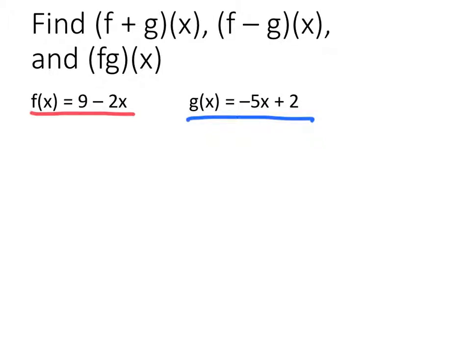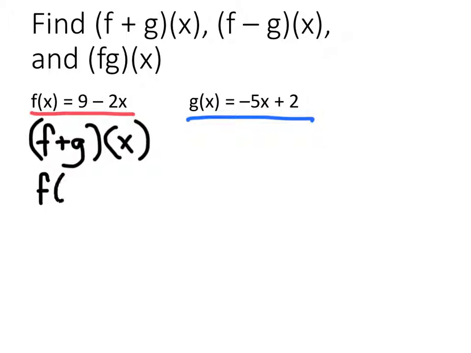So the next set of problems here, given the two functions and being asked to add, subtract, and multiply them, will just help us review some important concepts from Algebra 1 that hopefully you remember. For f plus g of x, I'm going to rewrite it as f of x plus g of x.